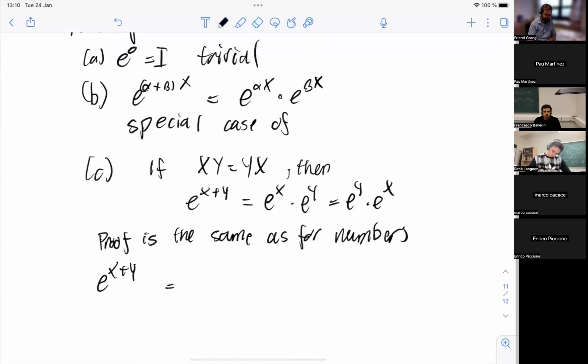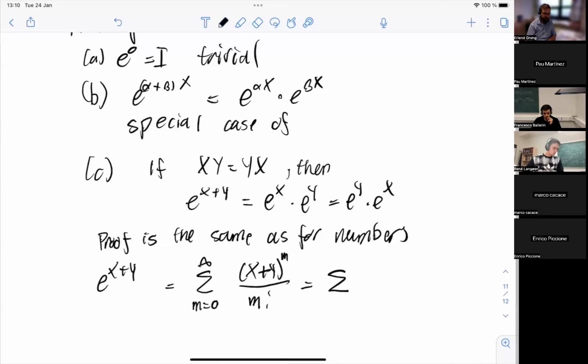So e^(x+y) is then the sum from m equal to 0 to infinity of (x+y)^m over m factorial.